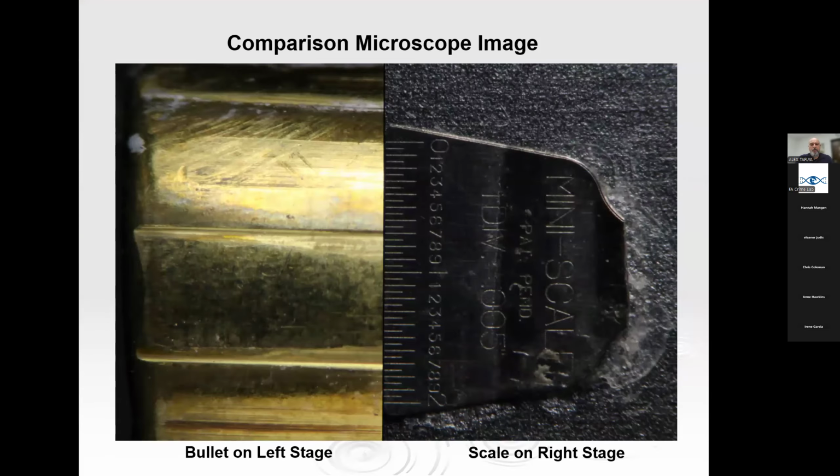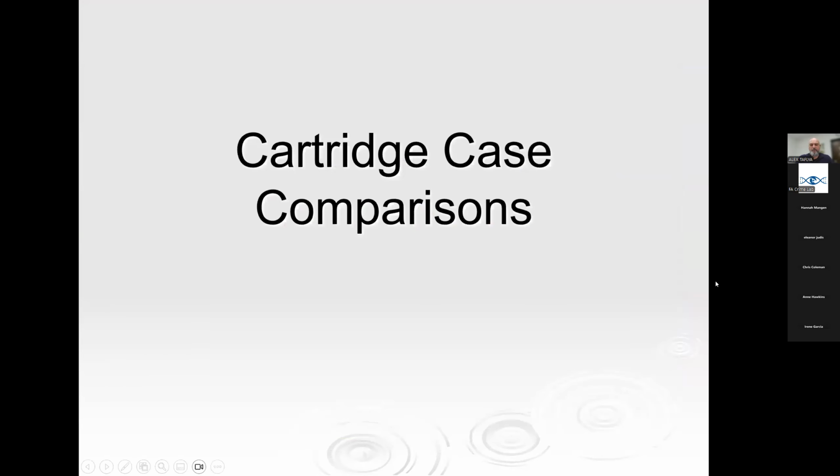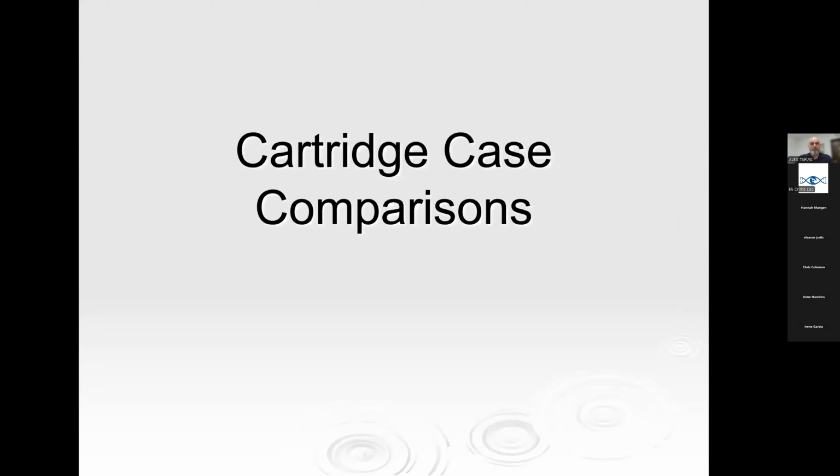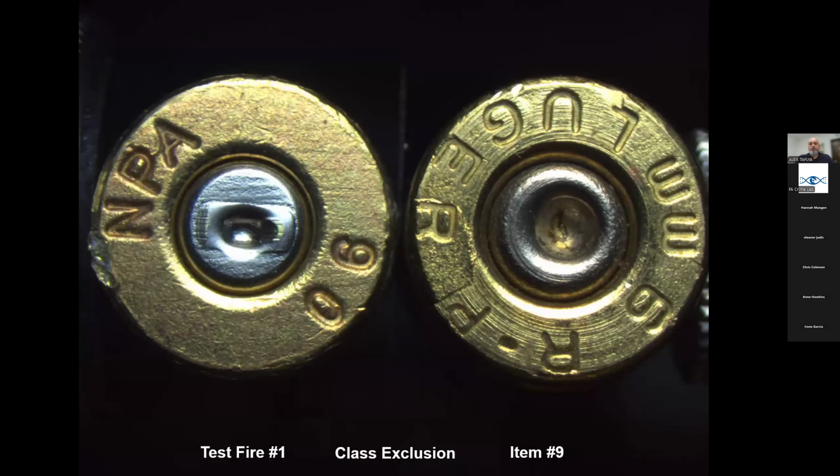This is an example of a comparison of a bullet on one side and a stage micrometer on the other. We also have comparisons between cartridge cases.